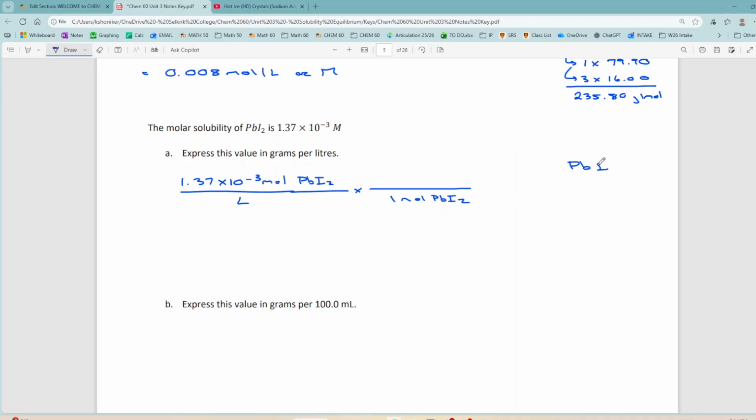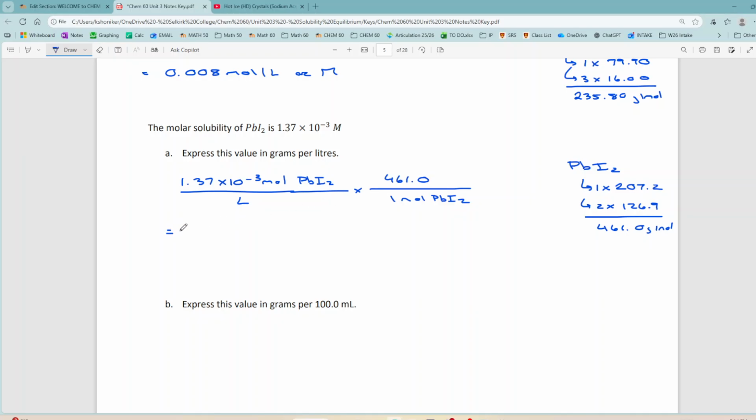Well, lead iodide is made up of 1 lead, which weighs 207.2, and 2 iodines, which is 2 times 126.9, which would give us an overall molar mass of 461.0 grams per mole.